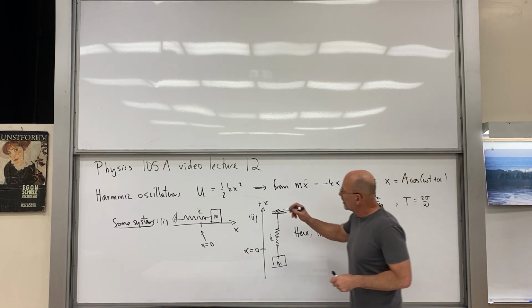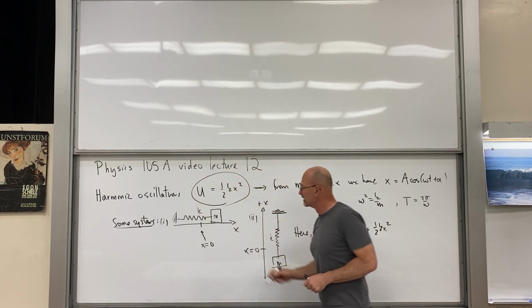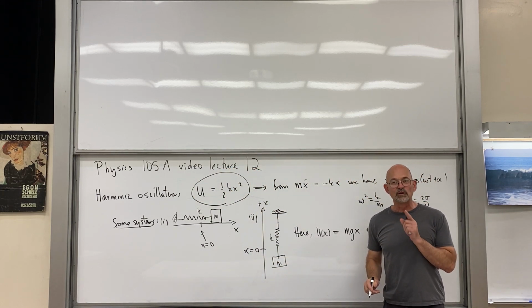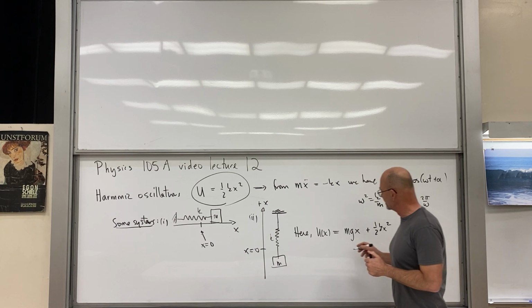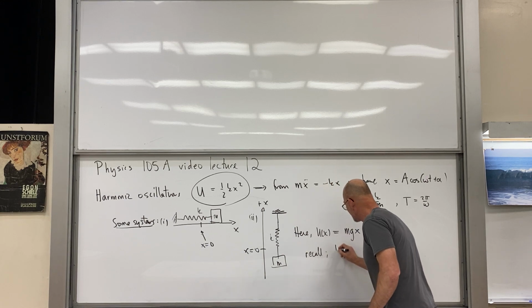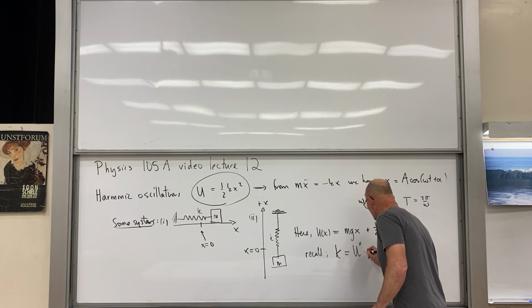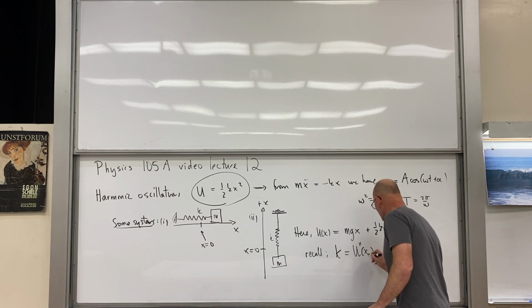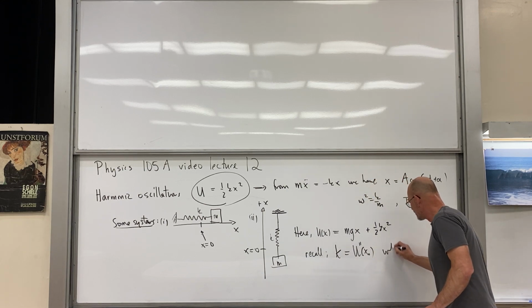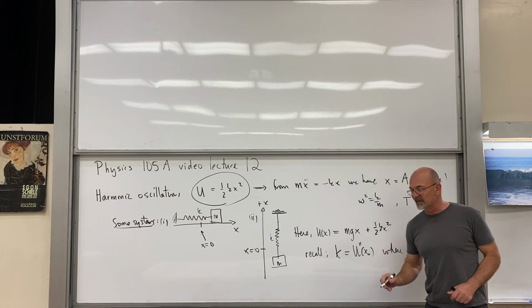Now, what was this k really? This k was the second derivative of the potential energy. So recall, k is actually equal to U double prime of x0, where x0 is the equilibrium position.